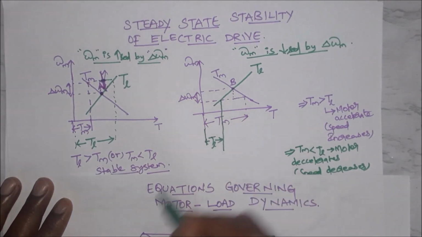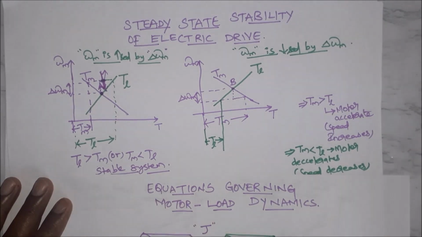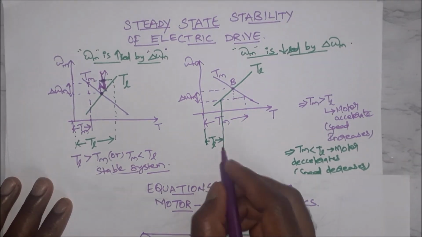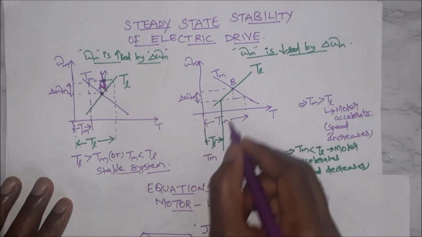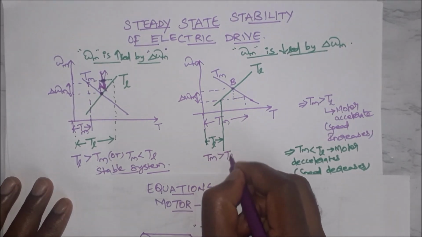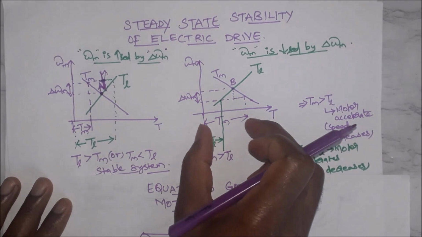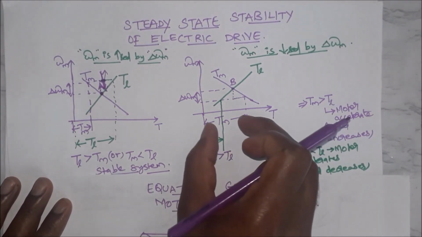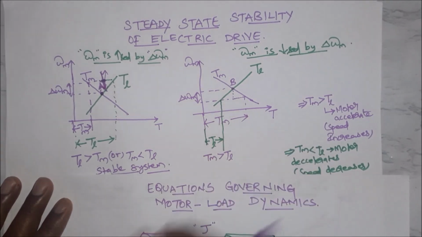So this much is your load torque. In this condition your motor torque is becoming greater than the load torque, right? Your motor torque is this much, whereas your load torque is only this much. So your motor torque is greater than the load torque.